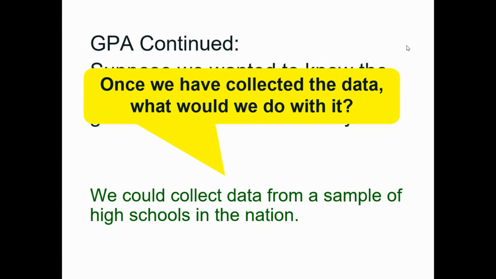Yep. We organize it, and then what else? What do we do with it when we get it organized? Find averages. Yeah, analyze it. So you organize it, you get averages and an overview of the data, and then go start analyzing it from there.